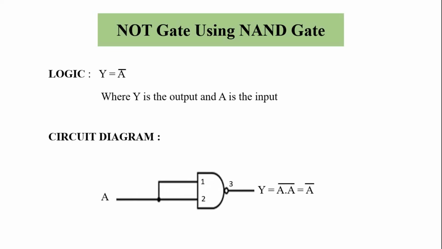You can see here only one input A is given to both the input pins of NAND gate, and the NAND gate output Y equal to A dot A whole bar equal to A bar. So this is the logic of NOT gate. Here pin number of NAND gate IC is given for your reference: input pin number 1 and 2 and output pin number 3.